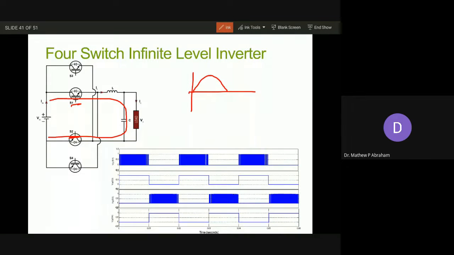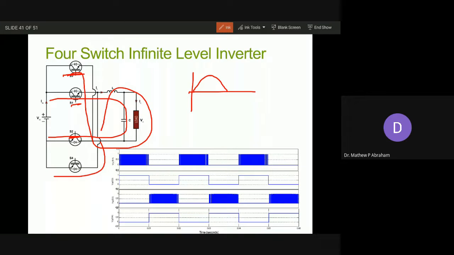But in the negative cycle, rather than making use of an H bridge there, we keep on switching this one, right? So this forms a boost converter in the negative direction, right?